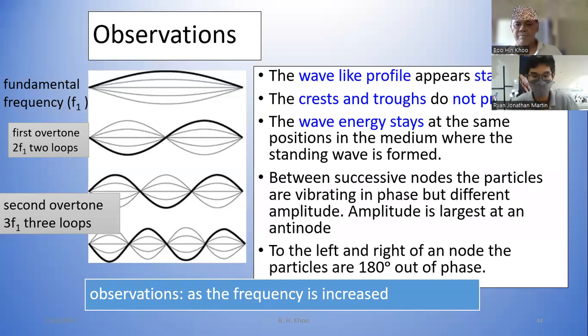Okay, this part is a node. To the left and to the right, they are 180 degrees out of phase. This part is moving up, this part is moving down, or this part is moving down, this part is moving up. That's why it's 180 degrees out of phase.